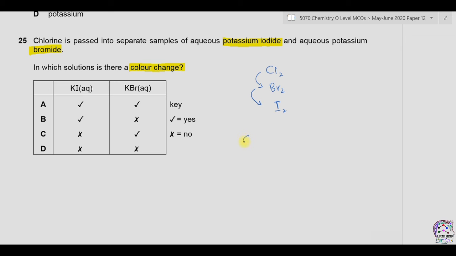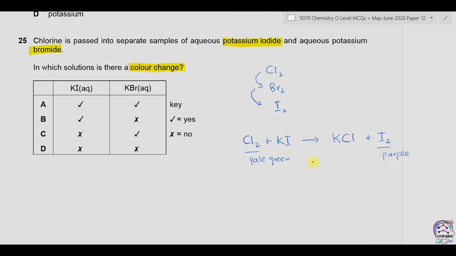Now let's find out the chemical reaction of chlorine with potassium iodide first. So we have potassium chloride and iodine will be eliminated. So chlorine is pale green in color while iodine is purple black.